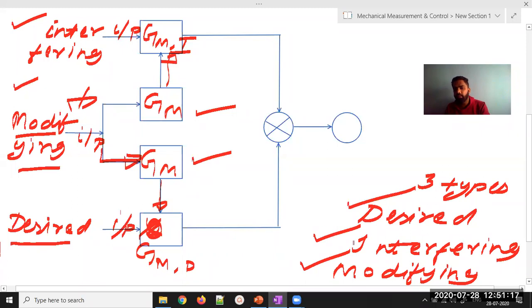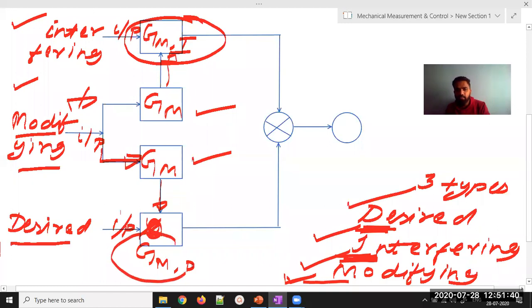Now the modifying signal has given its value to interference as well as to desired. I will get two main signals: GMI, which is the transfer function of modifying and interfering, and GMD, which is the transfer function of modifying and desired.